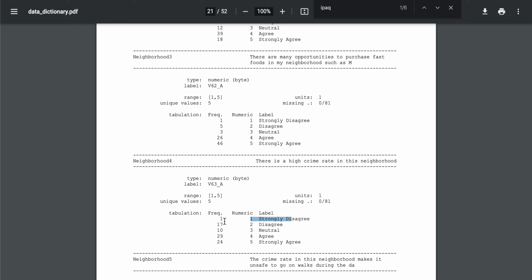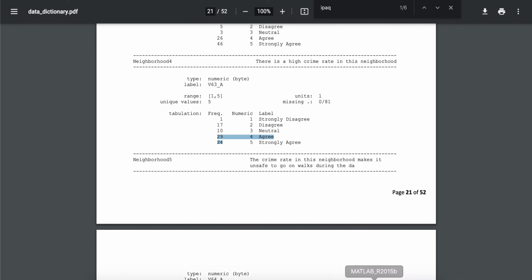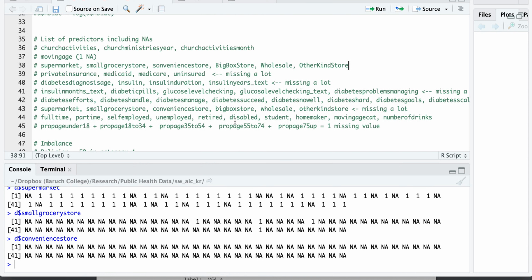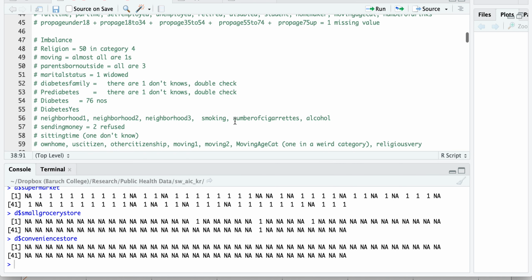So I would just collapse these two and have strongly agree. But again, it's a lot. It's 50. So I don't know. Neighborhood 1 to 4. Let's see.